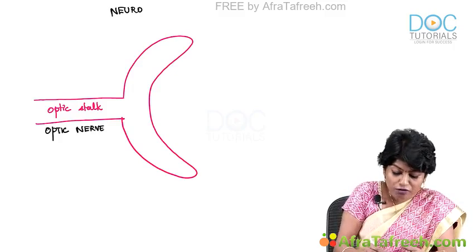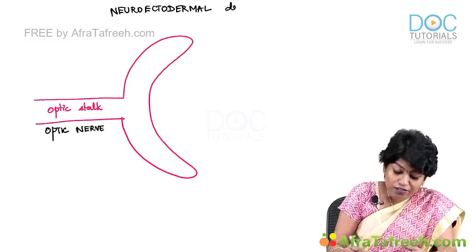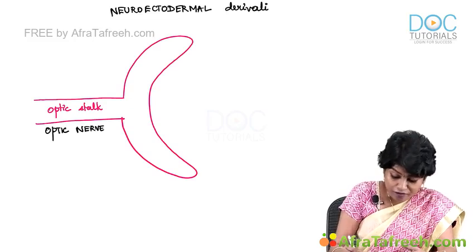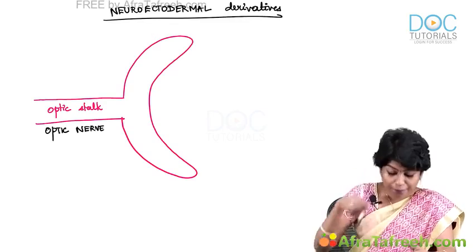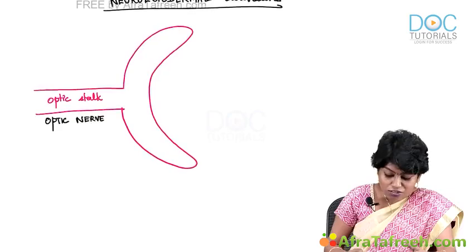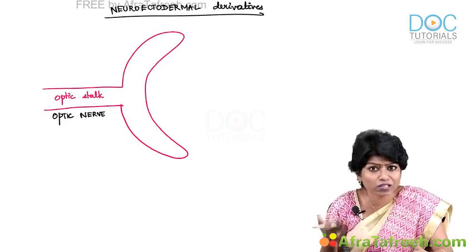So we are talking about neuroectodermal derivatives in the eye. Now, this is the optic cup. The optic cup gives rise to the retina, because you know the nervous layer of the eyeball is the retina.